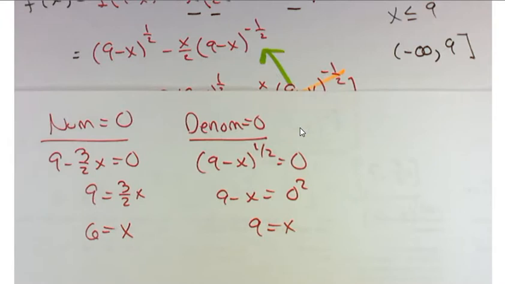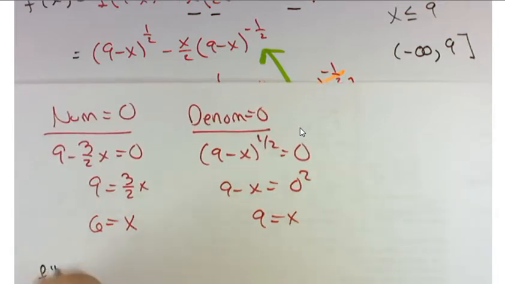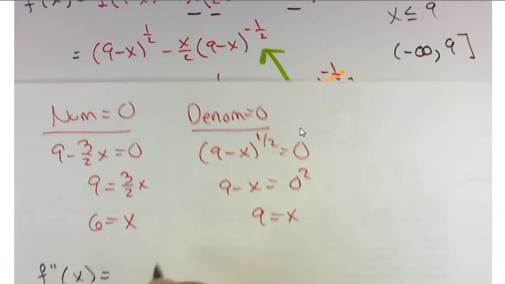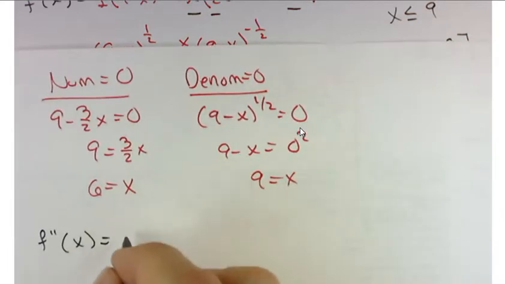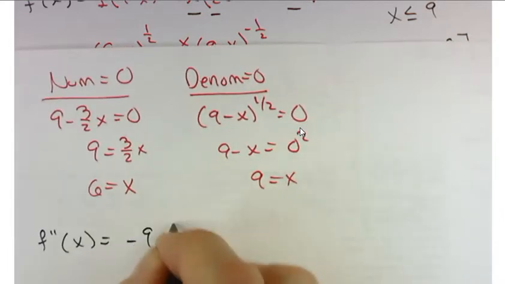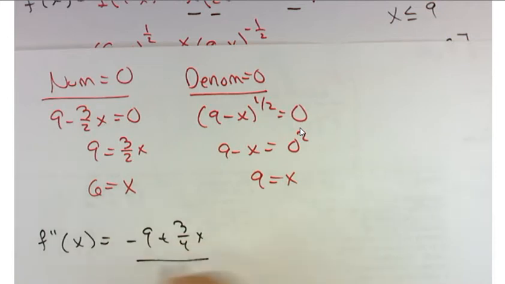I think I mentioned a little bit ago that I'm not going to take the time to go all the way through calculating the second derivative with you. It's a lot less joyous than the first one. So here you go. F double prime of x is going to be negative 9 plus 3/4 x divided by 9 minus x to the 3/2.